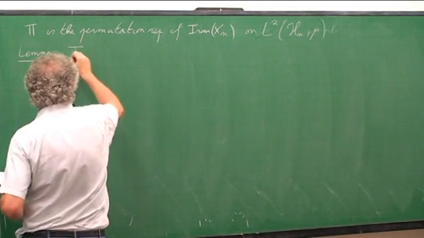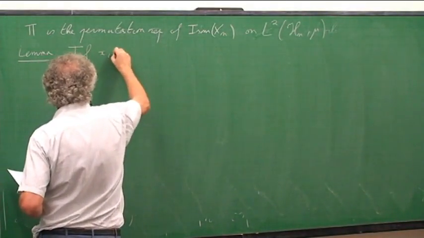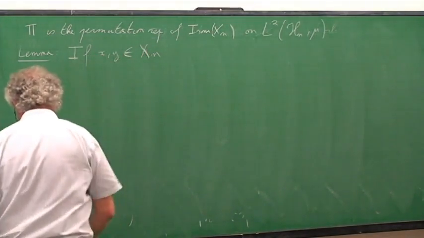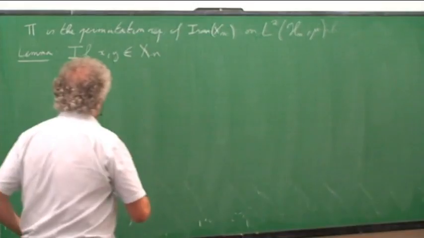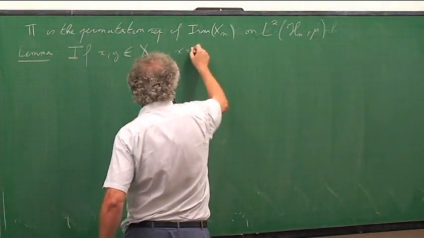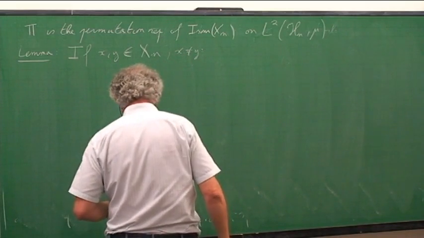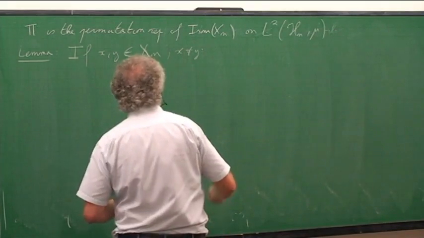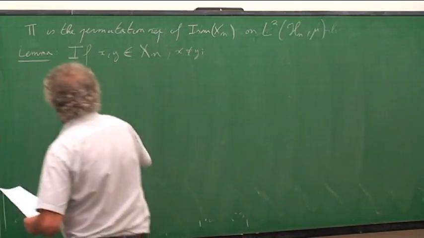The lemma is that if you have 2 points in the hyperbolic space... Okay, I need a piece of notation.